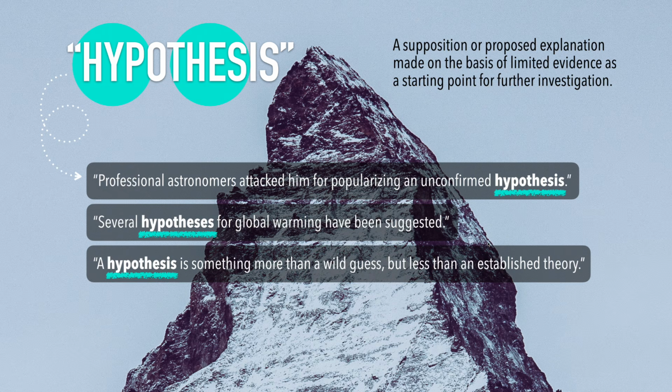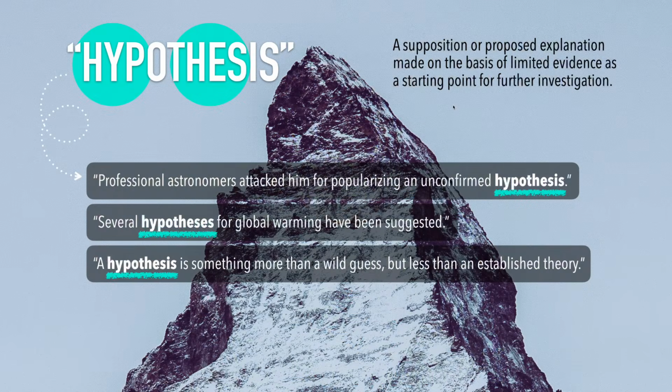And finally, a hypothesis is something more than a wild guess, but less than an established theory. It's not just a guess because it has some support, just not enough support. So once again, a hypothesis is something more than a wild guess, but less than an established theory. Make sense? Excellent.